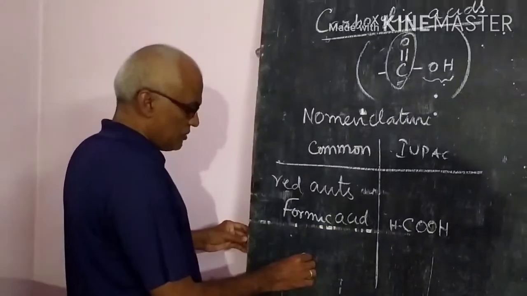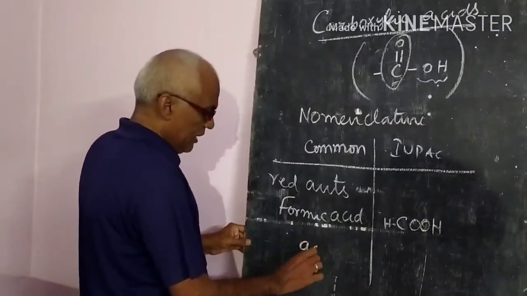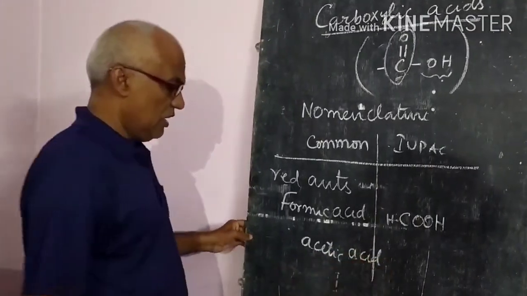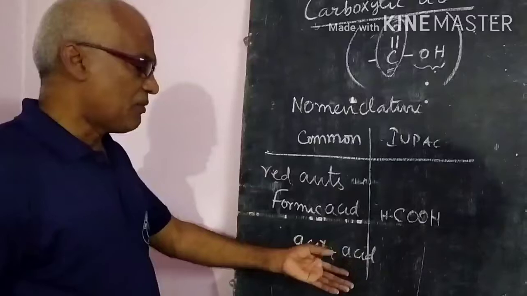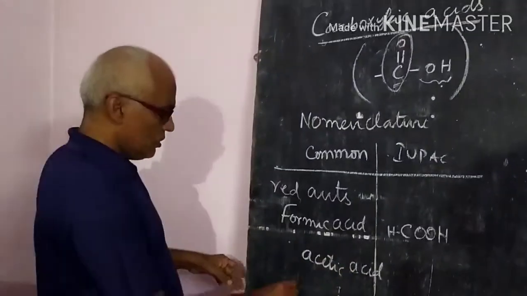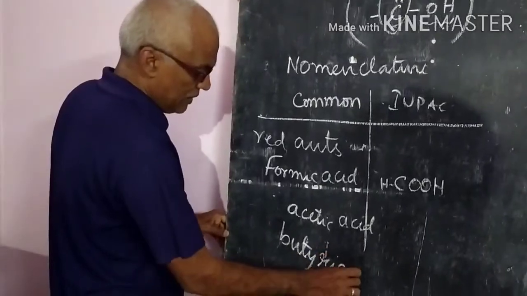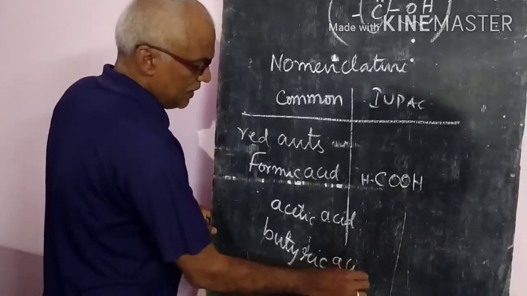Two carbon atoms is called acetic acid, that is the juice from the lemon and so on. Four carbon atoms, butyric acid, which is from the rancid butter.